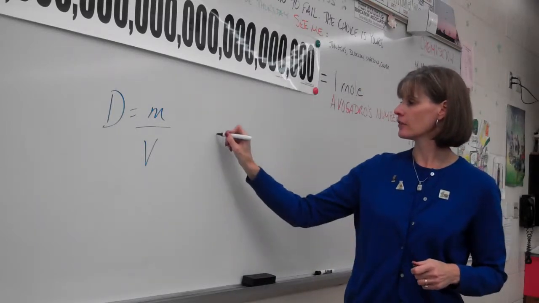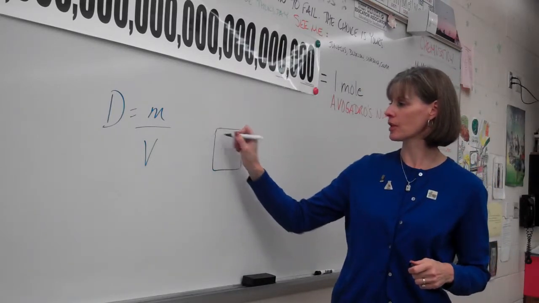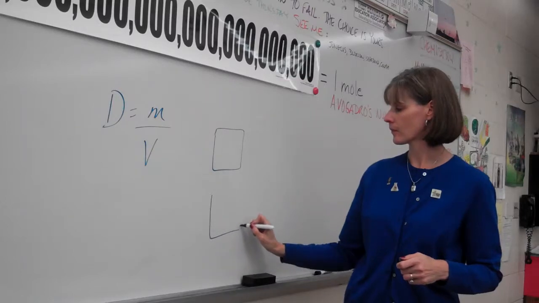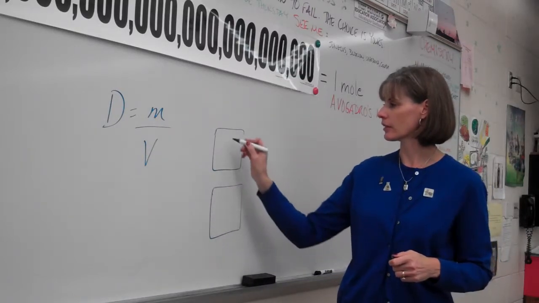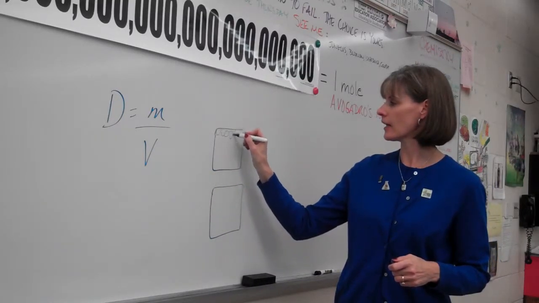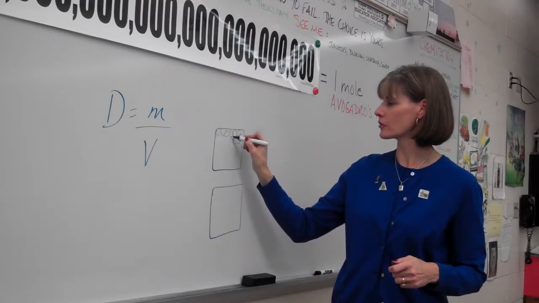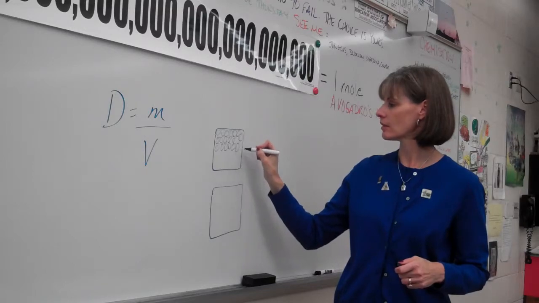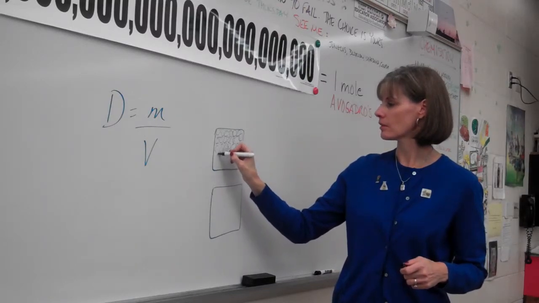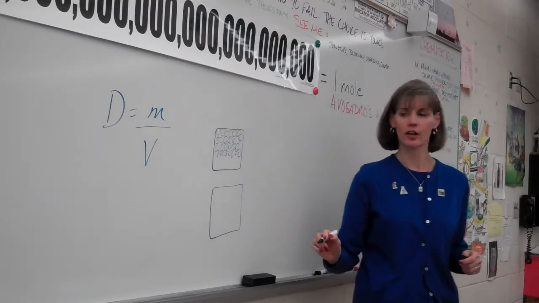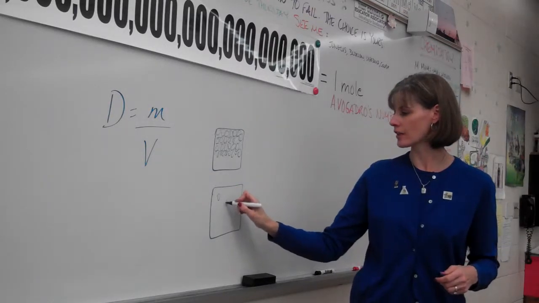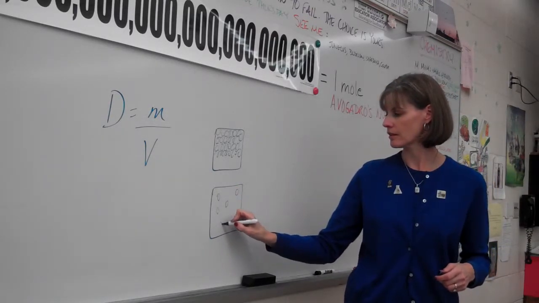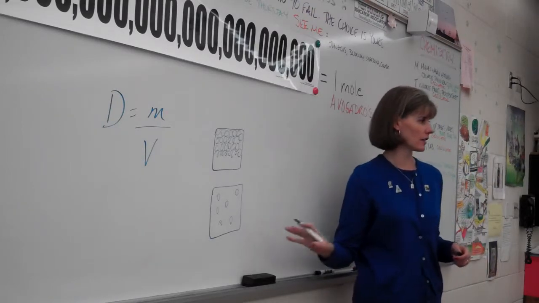If I have this space, and you're going to have to pretend this is 3D, because I can't draw it any other way, and I have at the atomic level particles like this, and particles like this, what can you tell me about the density?